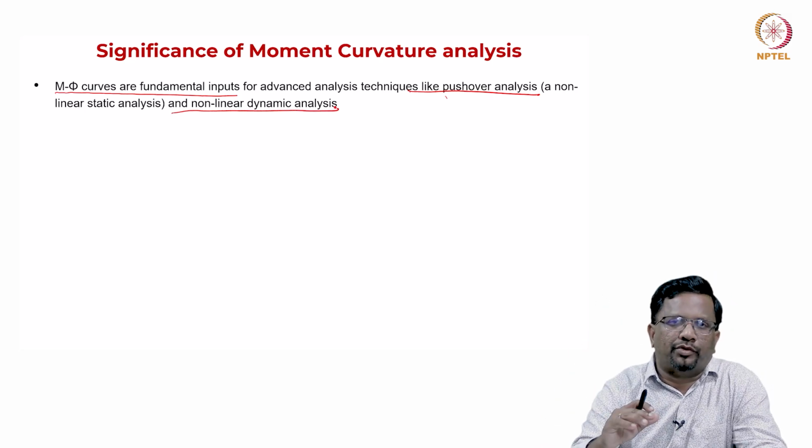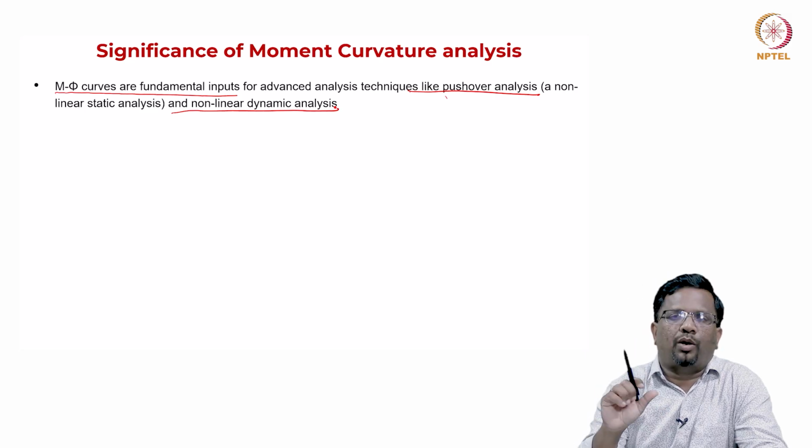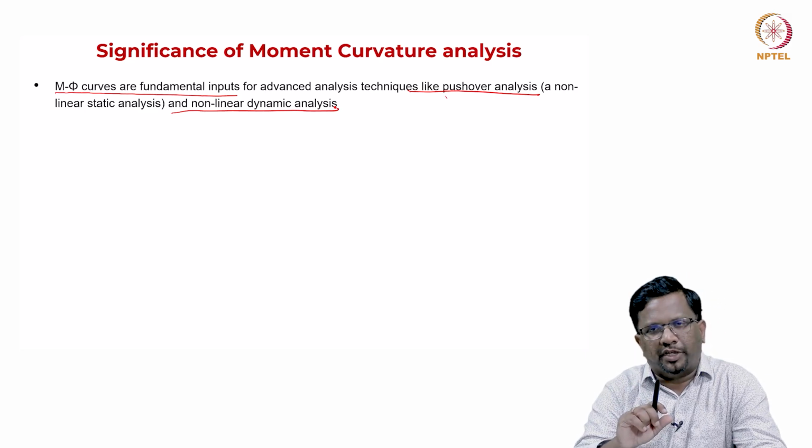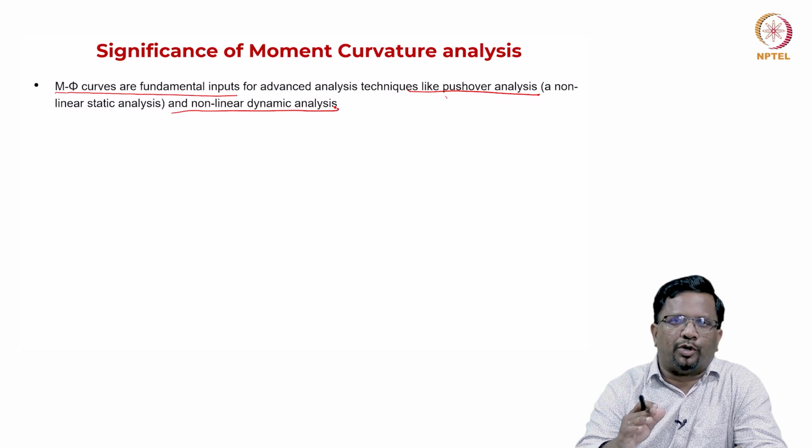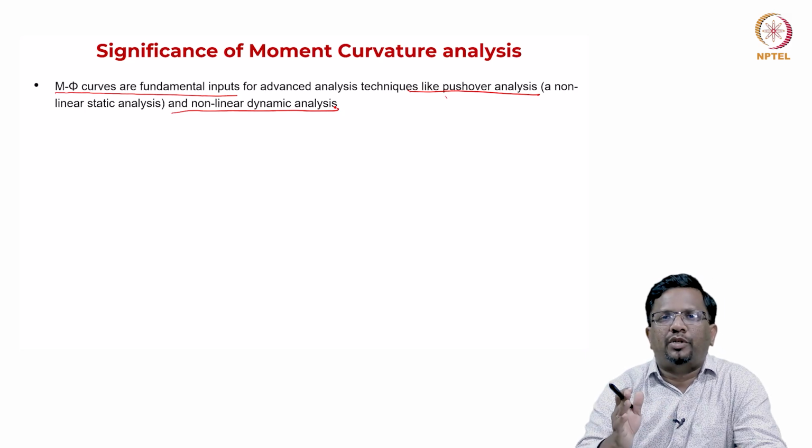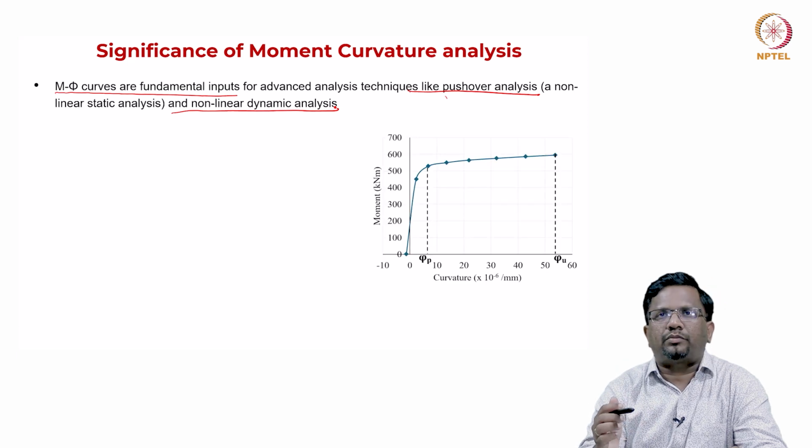You have to give the hinge properties, where the hinges will form and how those hinges will actually behave. To establish those hinge properties, the fundamental essence is to get the moment curvature response of the cross section, right.